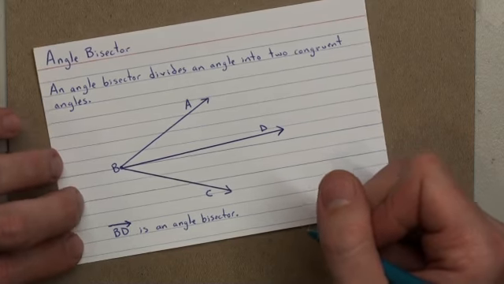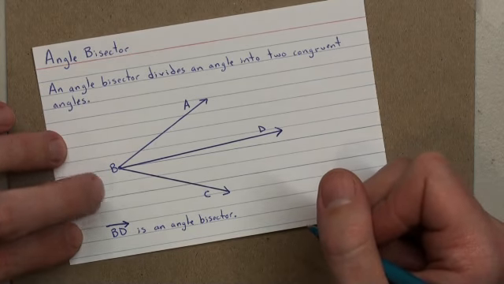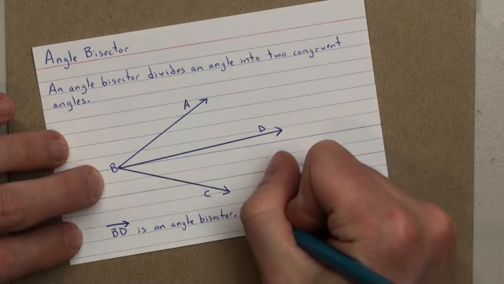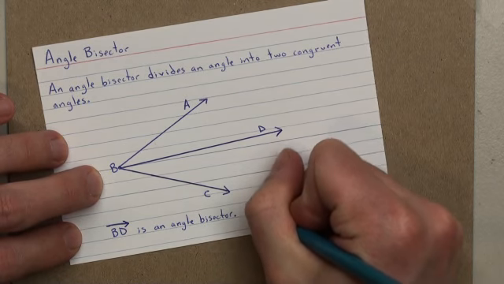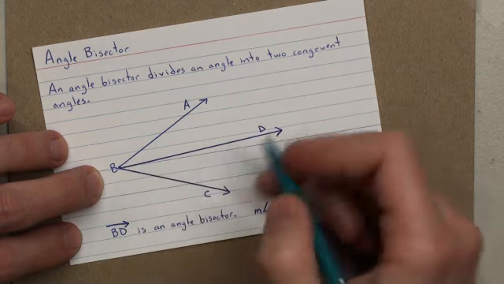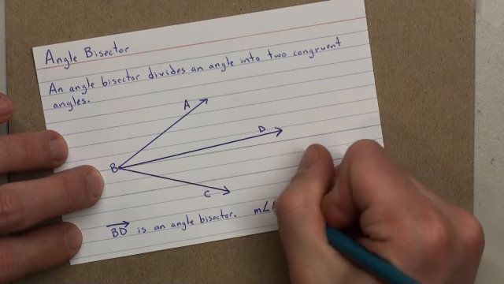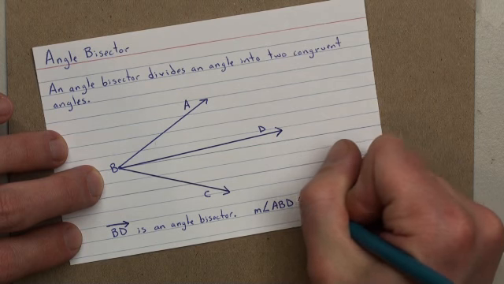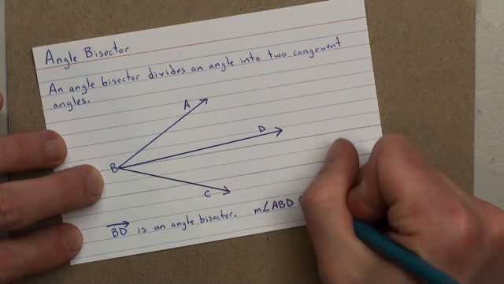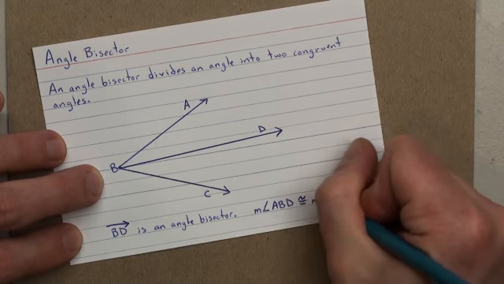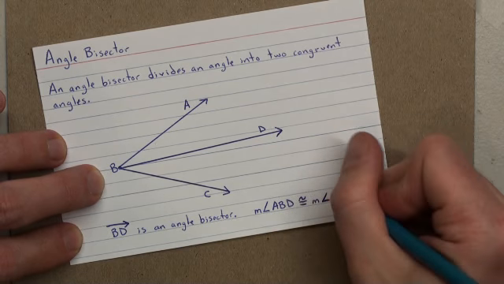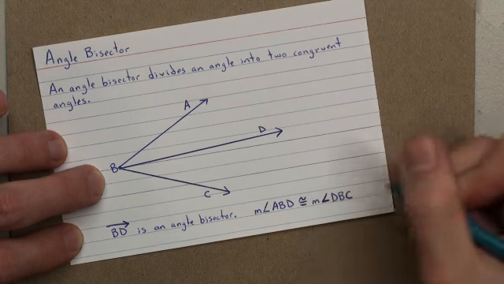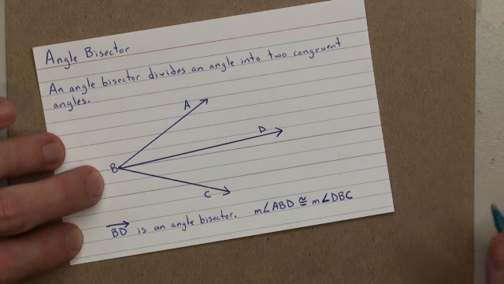And that means that the measure of angle ABD is congruent to the measure of angle DBC. That's from the definition of an angle bisector.